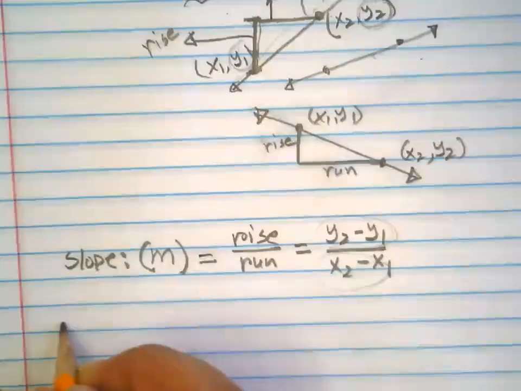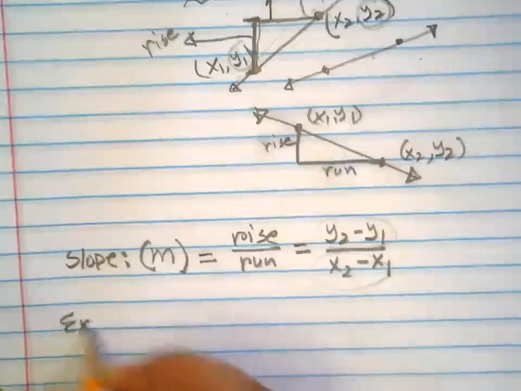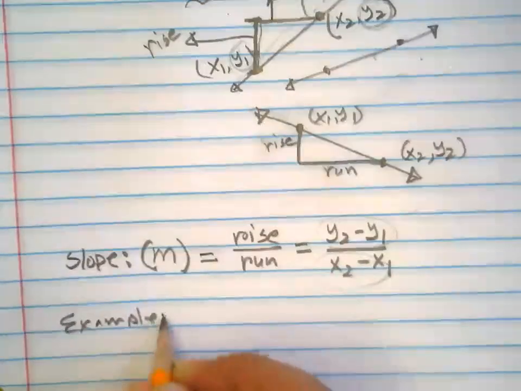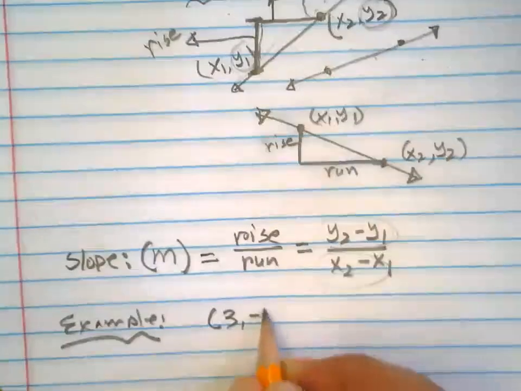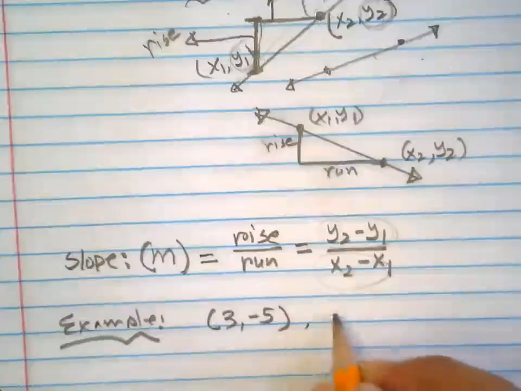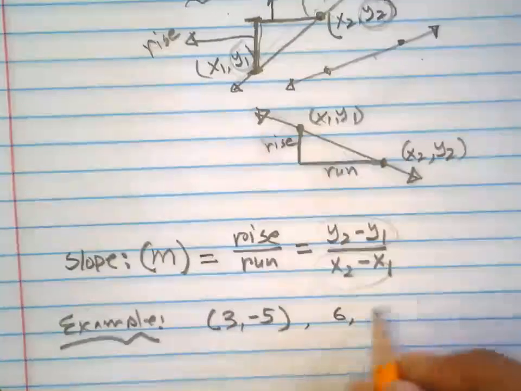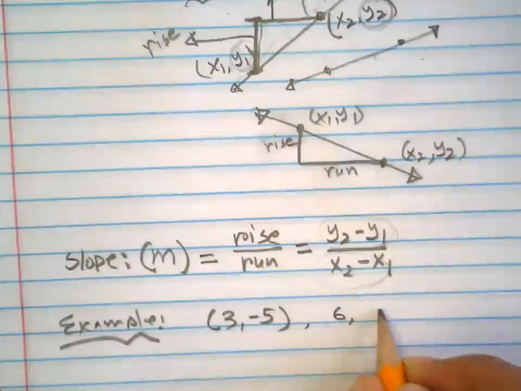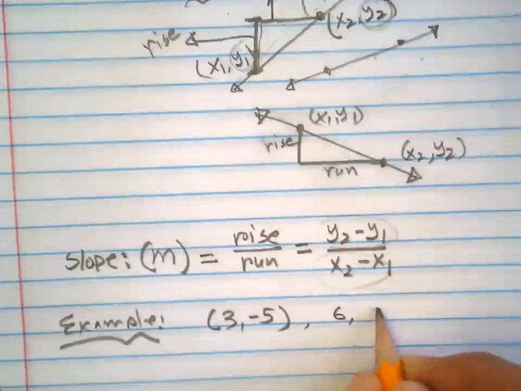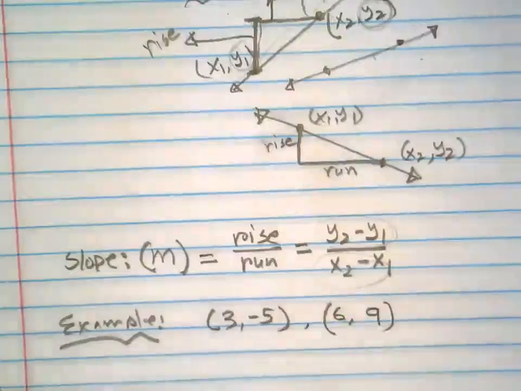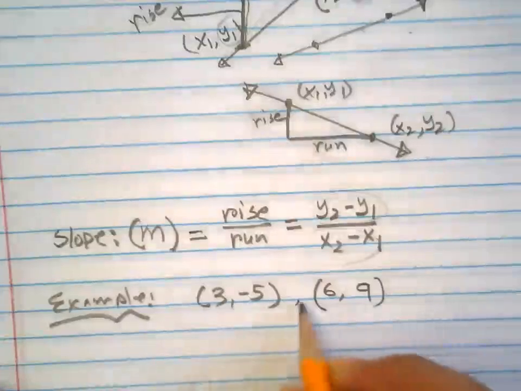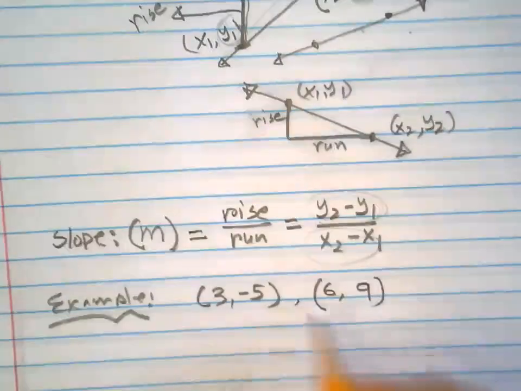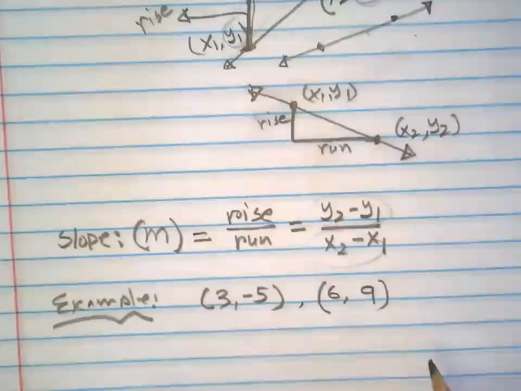If I give you two points, 3, negative 5, and 6, 9, we'd like to find the slope of the line that goes through these two points.